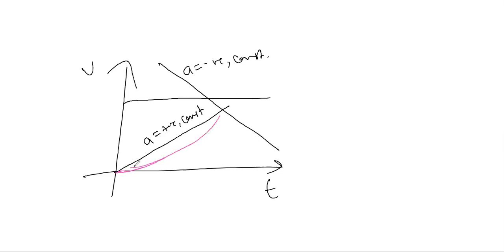And when acceleration is positive and increasing, then we will draw the graph like this. And when acceleration is positive, but it is decreasing with time, then we will draw these graphs. So there are 4 to 5 graphs that you must know. Got it? Are you aware of all these graphs?